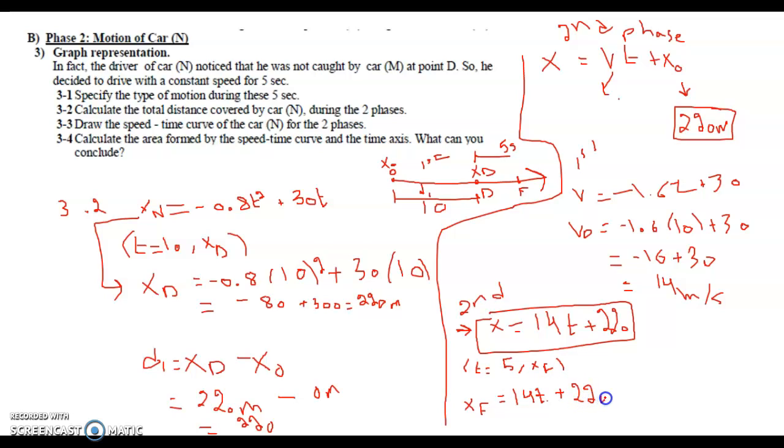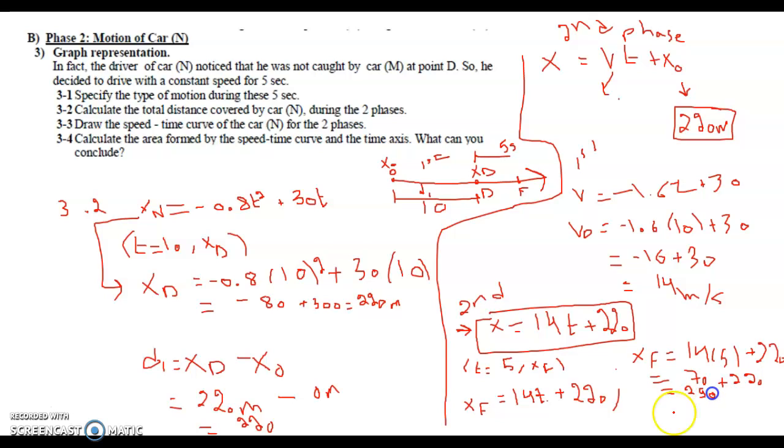Instead of t we write 5. So xf is equal to 14 into 5 plus 220, which is 70 plus 220, equal to 290.